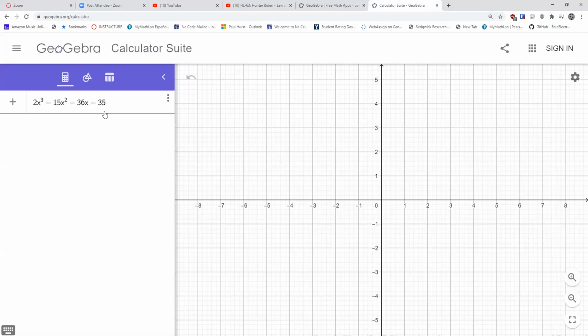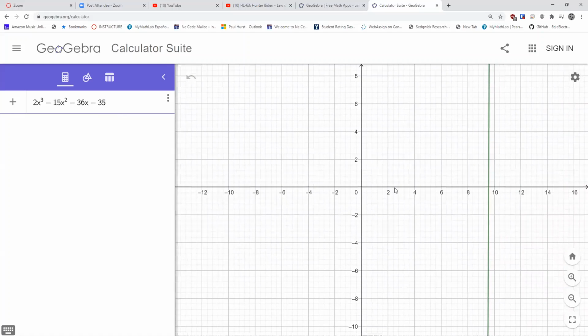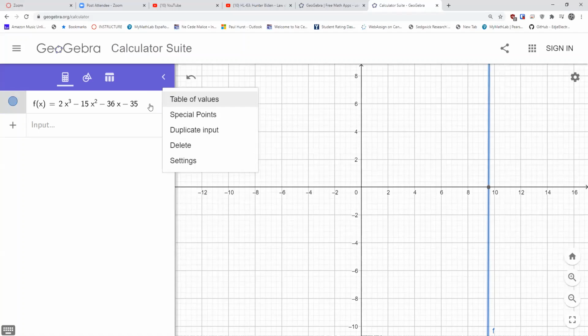Okay, now it says I want the window from -13 to 13. Unfortunately, I don't know how to specify a window here.